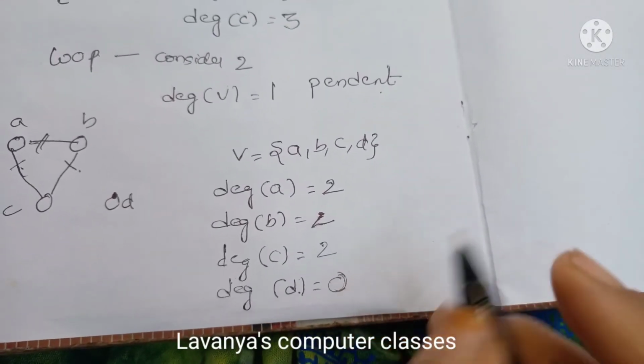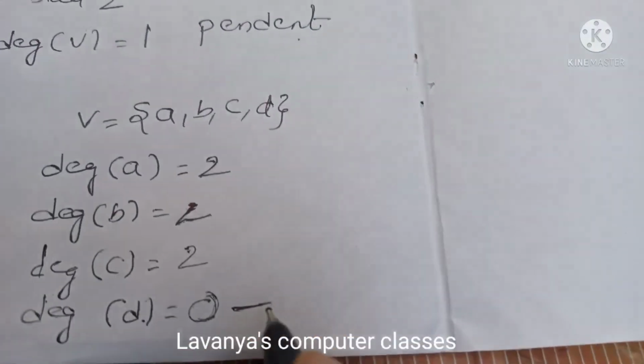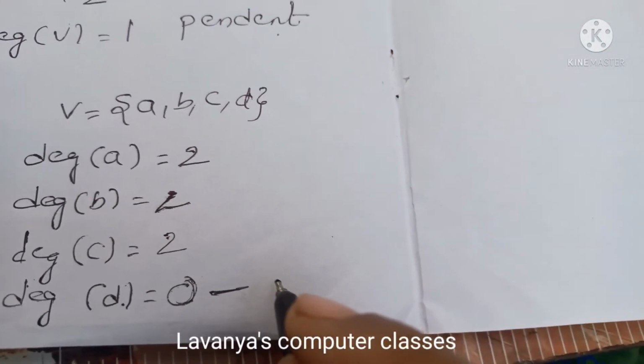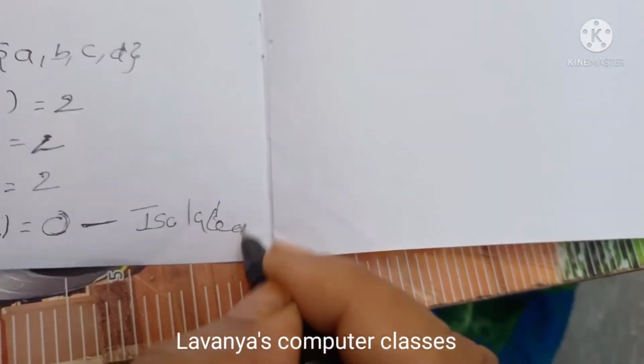This is the calculation of degrees. Whenever the degree of any vertex is 0, that is called isolated.